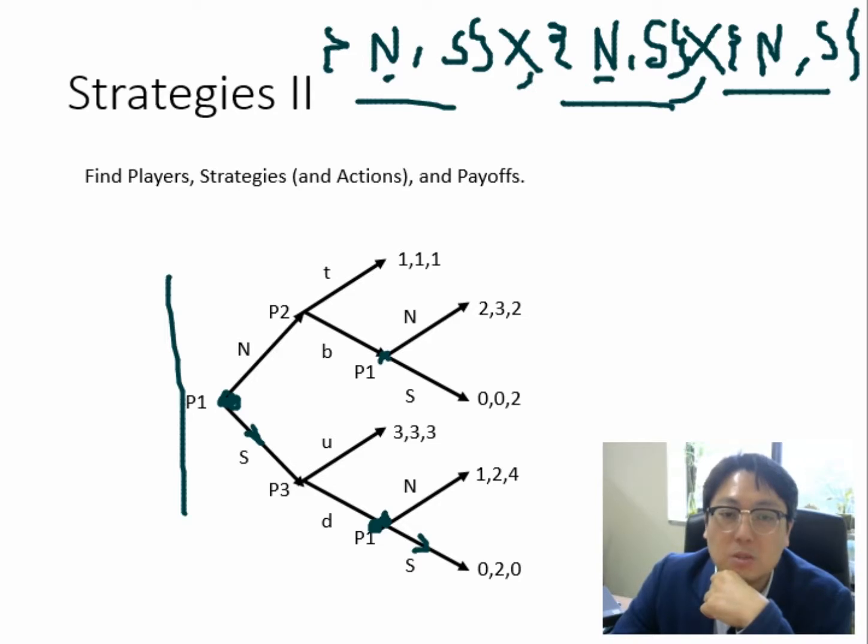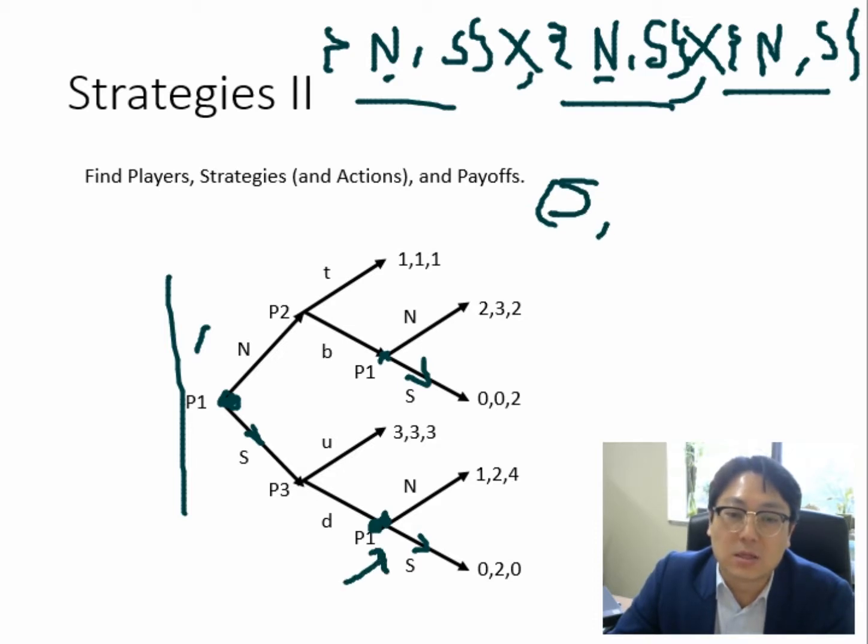But if this node is reached, then the first player will choose S. That is his strategy, because he's showing all plannable actions once that node is reached. We can represent this so that the first character represents what kind of action the first player will choose here, for example S, and the second character represents what kind of action the first player will choose here, for example S.